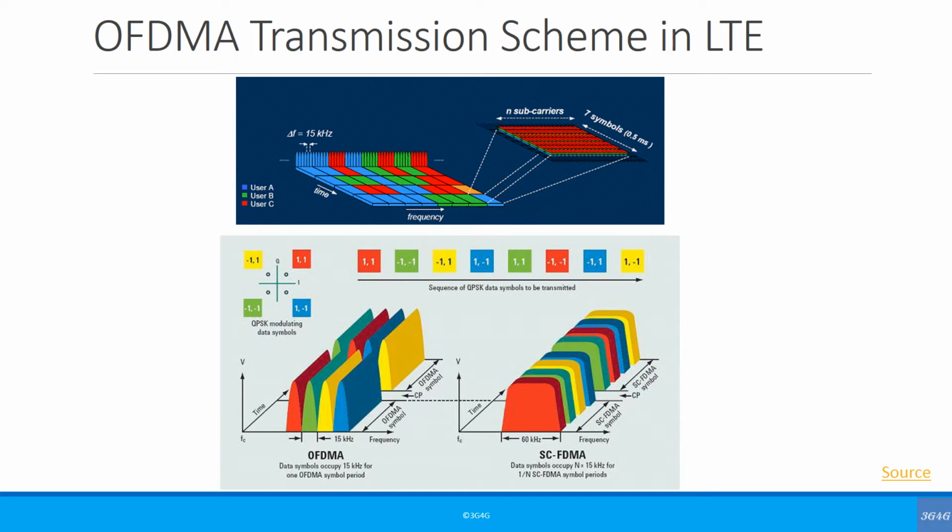Going back to LTE, you remember in LTE we had the carrier frequency of the subcarriers of 15 kilohertz frequency, and we had resource blocks which is 180 kilohertz wide.